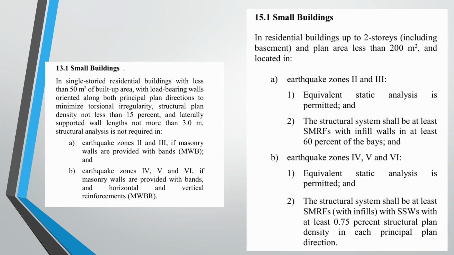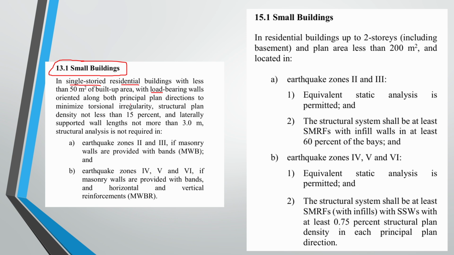So let's see what is given in 13.1, that is small buildings. We can see here the parameters and the requirements. As per 13.1, it is given about the equivalent static method. It is limited to single story. Then the type of building is given as residential with less than 50 meter square built up area, and the structural system is given as load bearing wall.